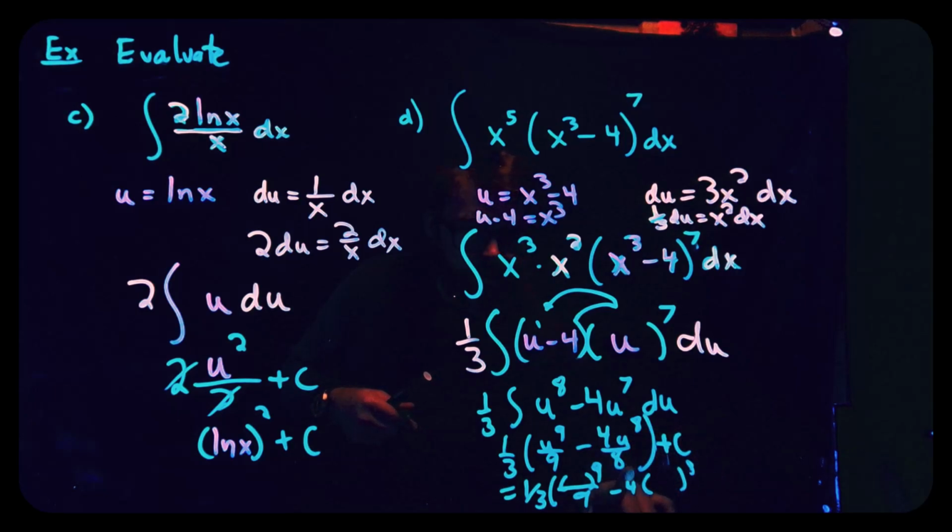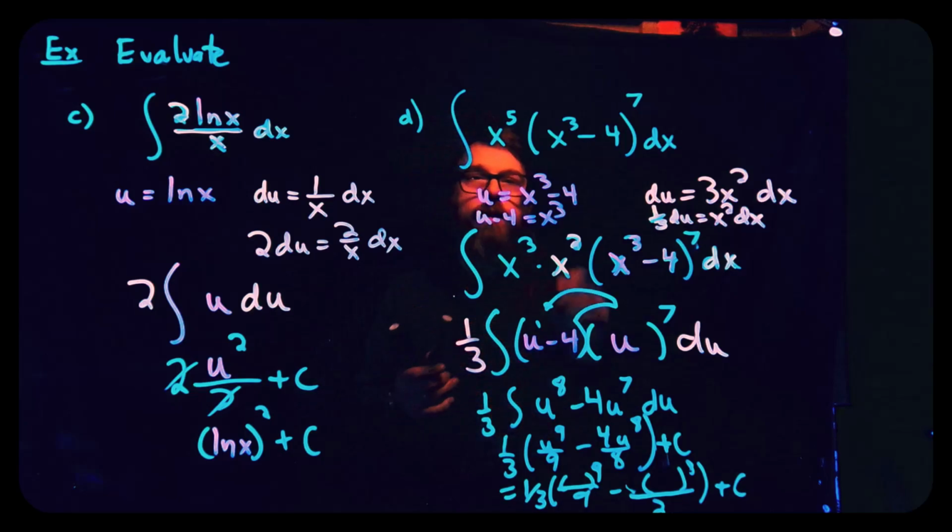I'm going to simplify 4 over 8 to 2 on the bottom. Plus c, where your u is this purple expression.